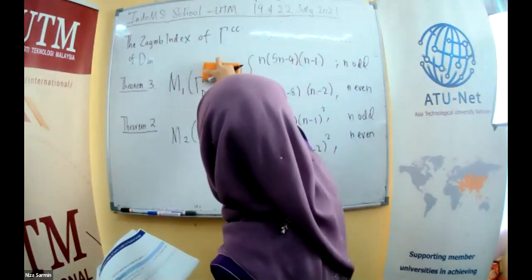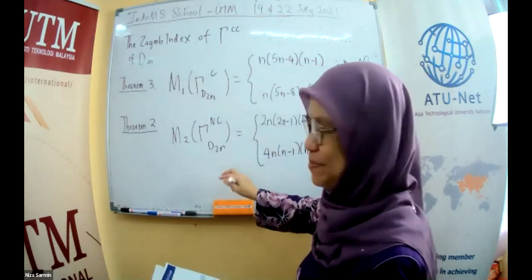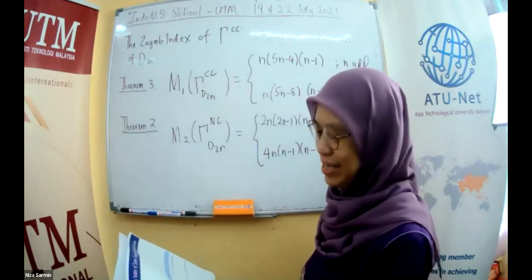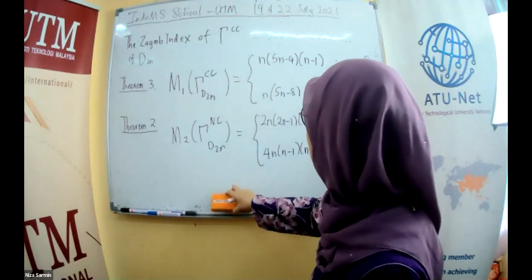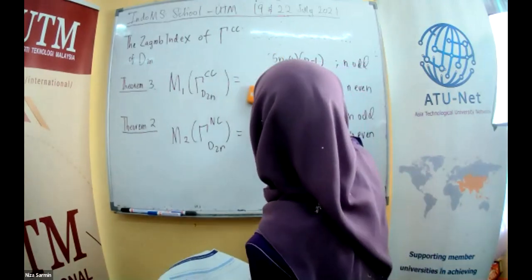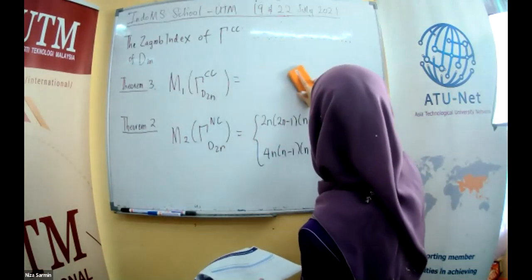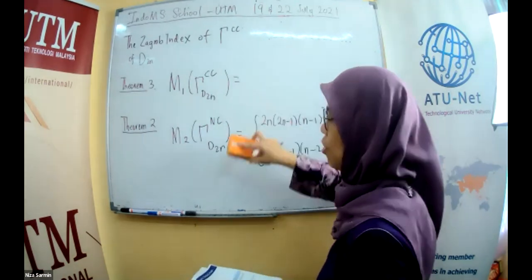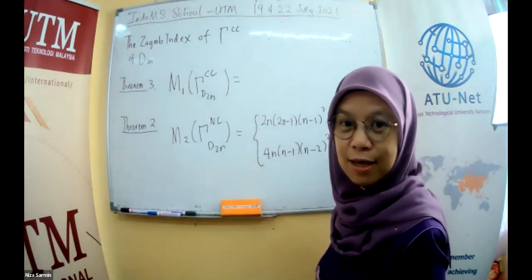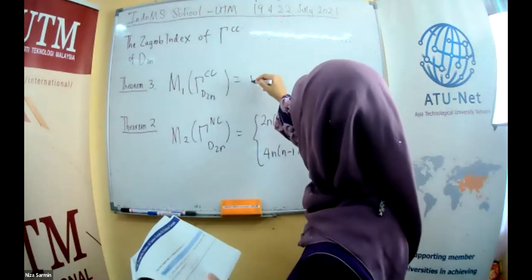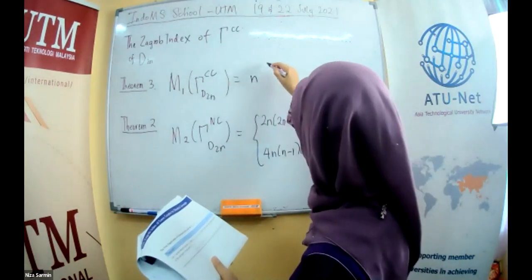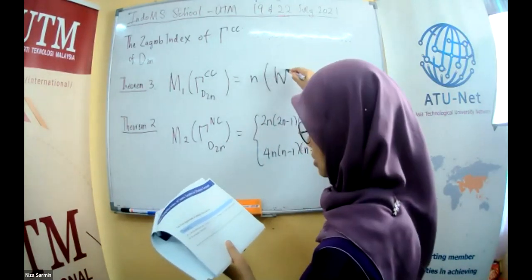So that's why I like this whiteboard. Conjugacy class graph of G. Okay, this one, or we use the result from the Wiener index. It turned out that this is N times the Wiener index of this.